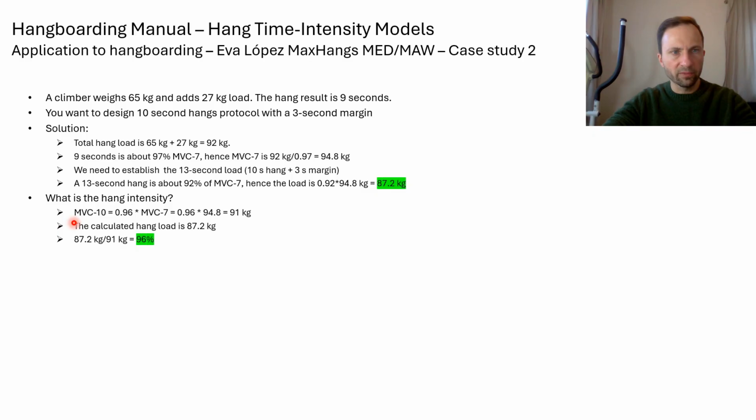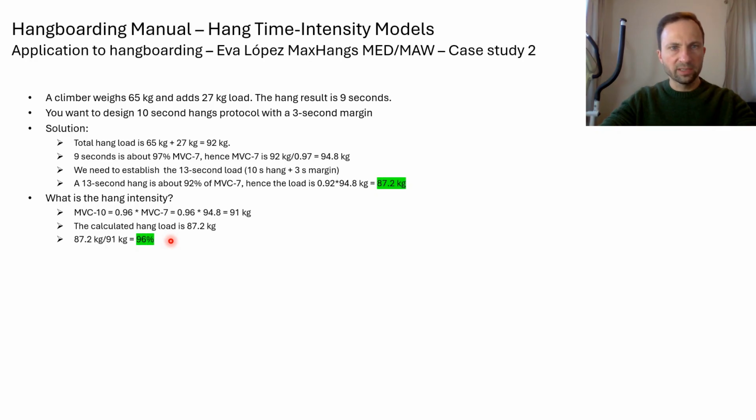Remember, we will be hanging for 10 seconds, and 0.96 times 94.8 kilograms is 91 kilograms, so that's our MVC10, the maximum load with which we can hang for 10 seconds. The calculated hang load for the exercise was 87.2 kilograms. If we divide 87.2 by 91 kilograms, we get 96%. So that's already a pretty high intensity.